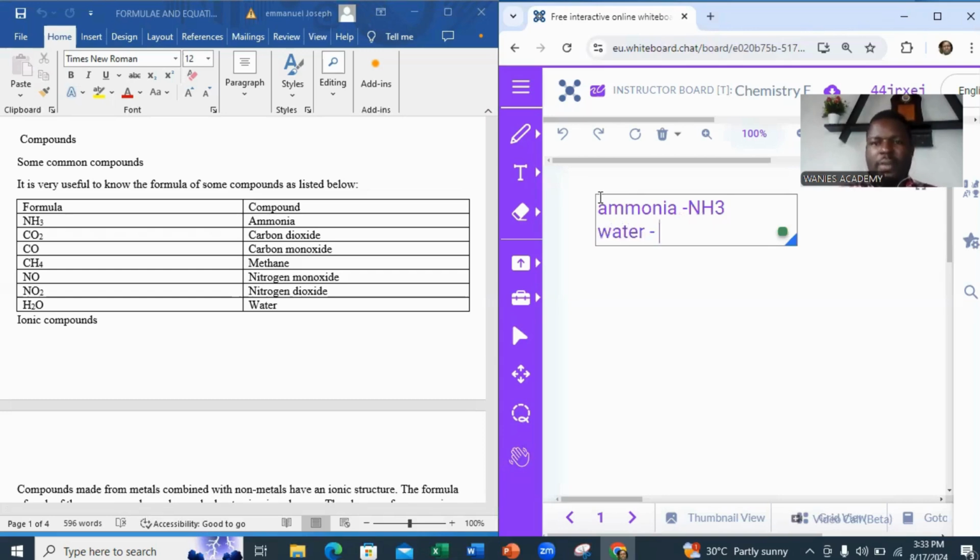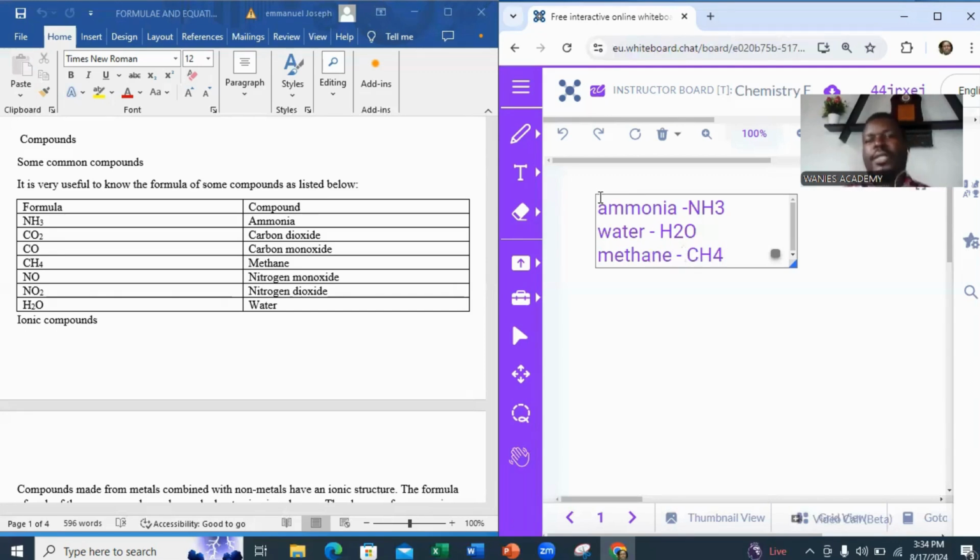Water is also a compound, but from the way the name sounds, you can't really decipher what constitutes water. And then we also have methane, which has the same issue.